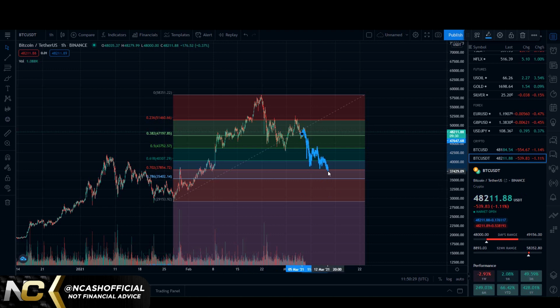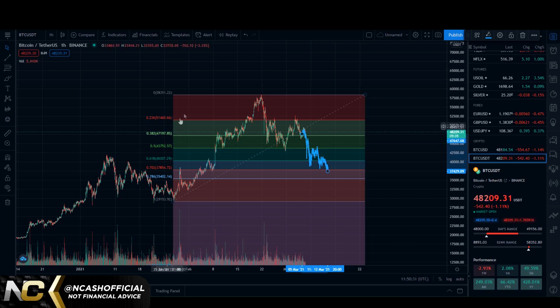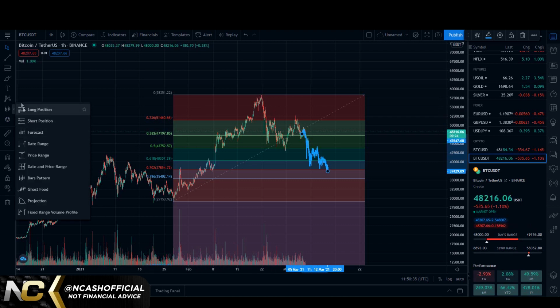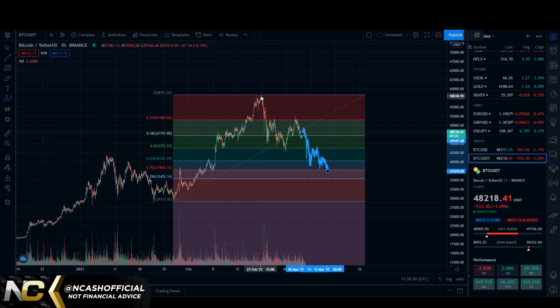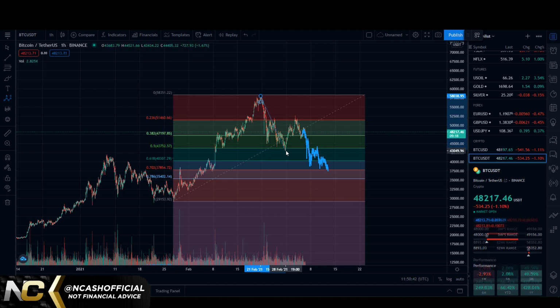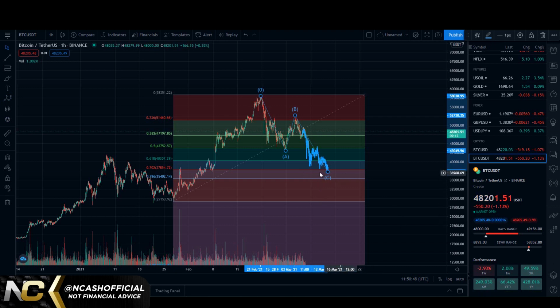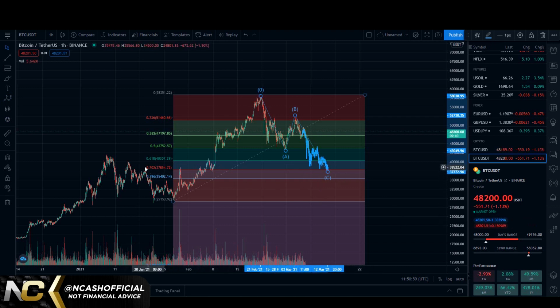It'd be something similar to this. The ABC would be starting here, A or B here, and then C being that 37.2 mark, which would be us exactly hitting the 702 retracement level.